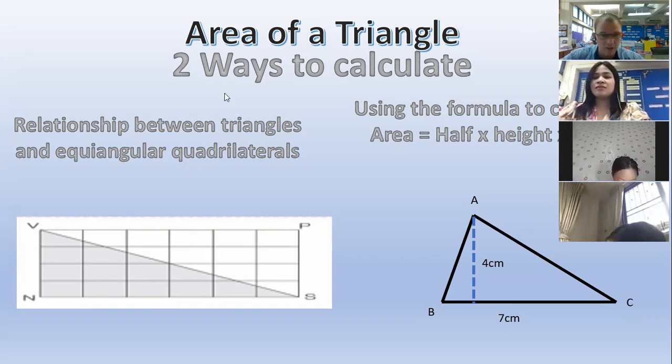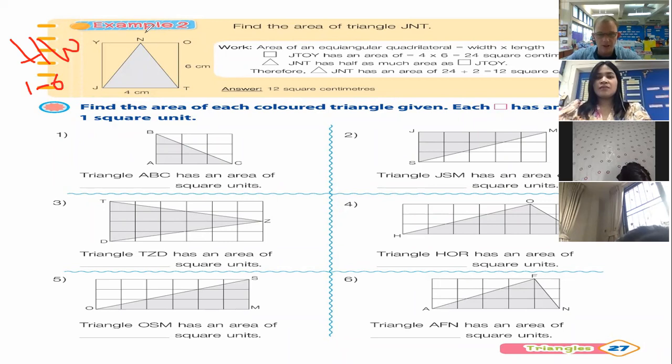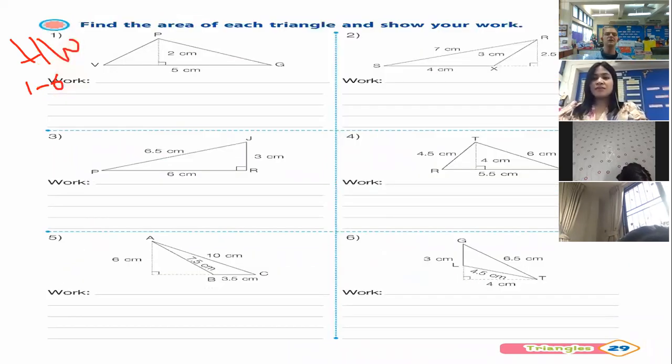Okay, so just to recheck, homework page 27, number 1 to 6. And where's my red marker? I will send it in the line group as well. Homework 1 to 6 for page 27, and we also have homework 1 to 6 for page 29.